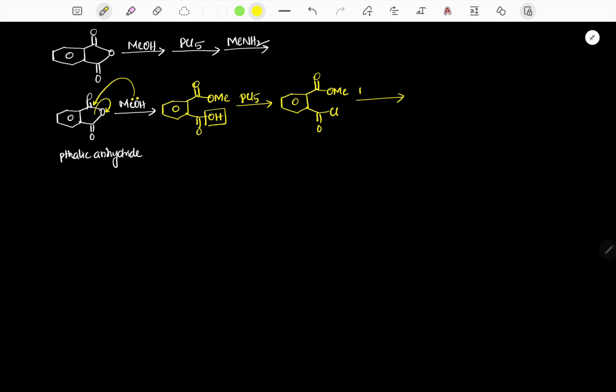Now it is treated with methylamine. So here the N lone pair can attack at this carbon, and the N lone pair can also attack at this carbon.